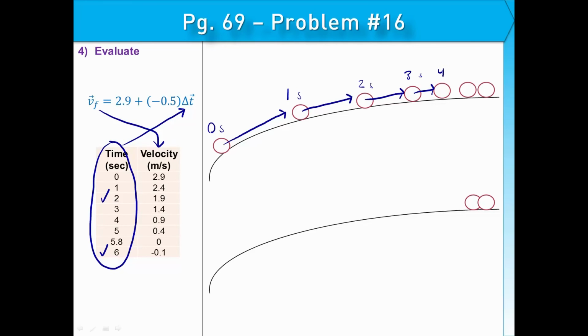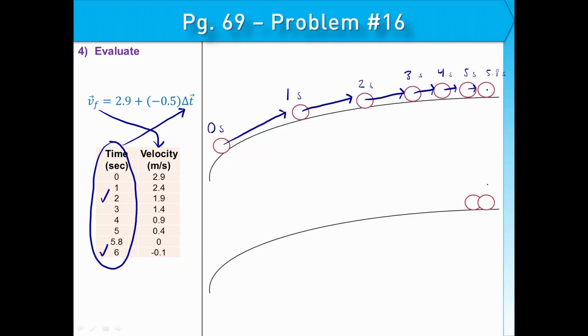At 4 seconds, the velocity is now 0.9, so it's getting smaller and smaller. At 5 seconds, which is going to be here, the velocity is 0.4, so it's going to be barely there. And finally, at 5.8 seconds, the velocity of the ball is going to be 0. Since the velocity is 0, we don't draw a vector for it.